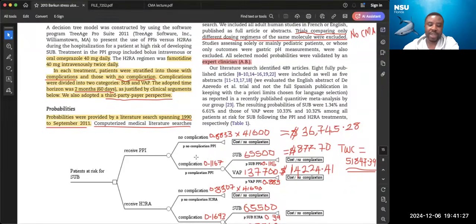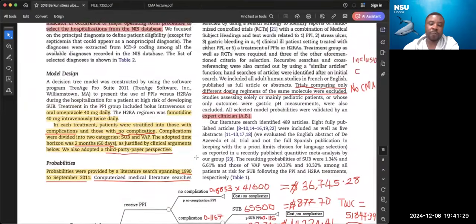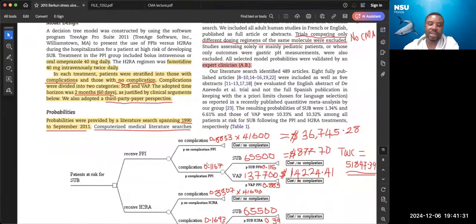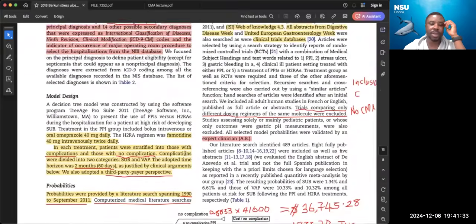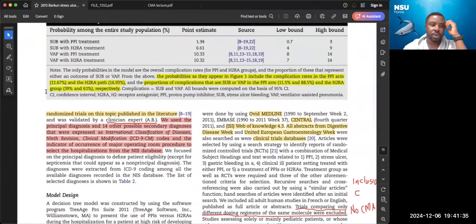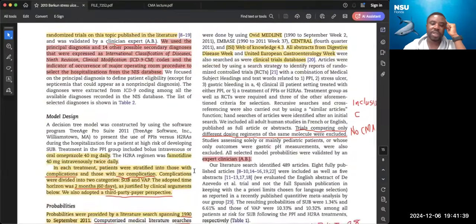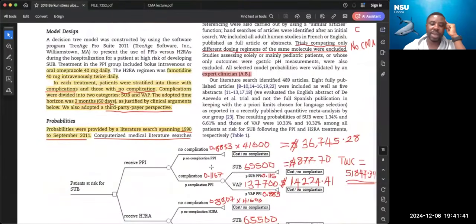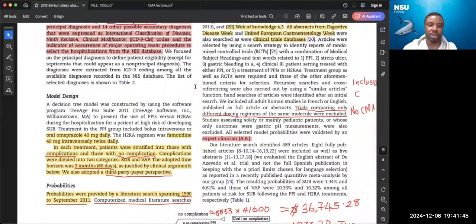So let me repeat again. For the probability of no complication, I just subtracted this. This was stated here. 11.67, which is for the complication, I subtracted this from 1, and I had this. Okay. Let me go to the next one.